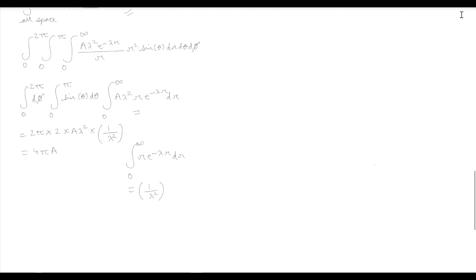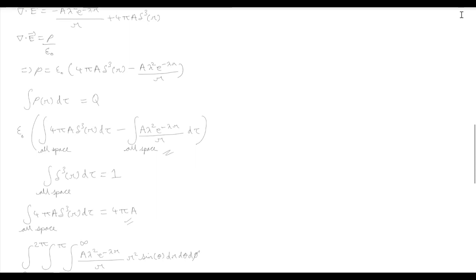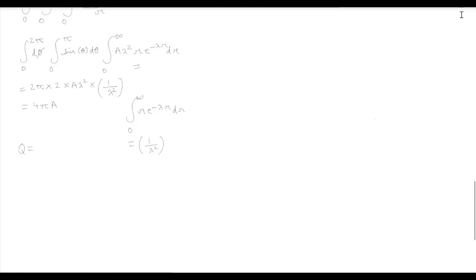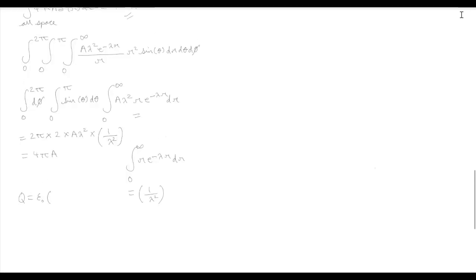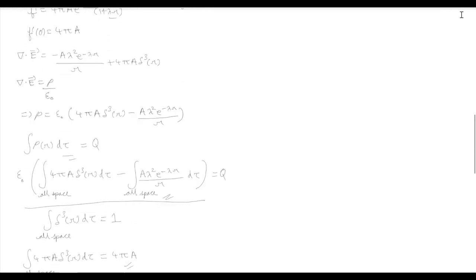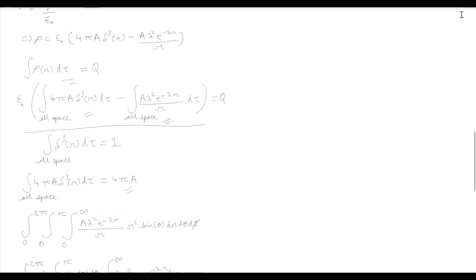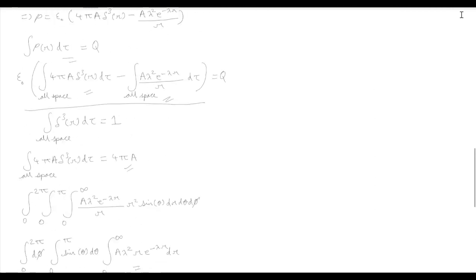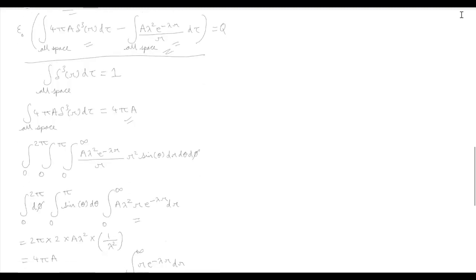Now going back to the integral which is equal to Q, Q is equal to epsilon naught times the first integral, 4 pi a, minus this integral, which also evaluates to 4 pi a.